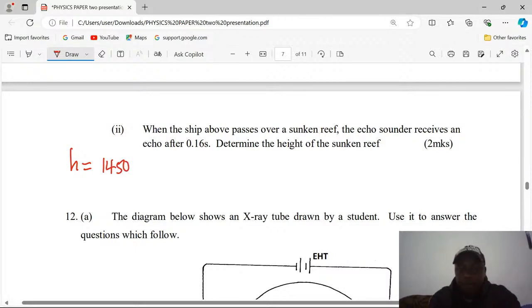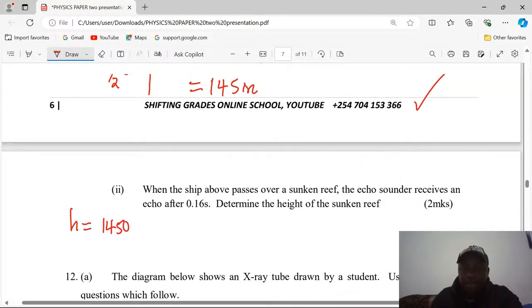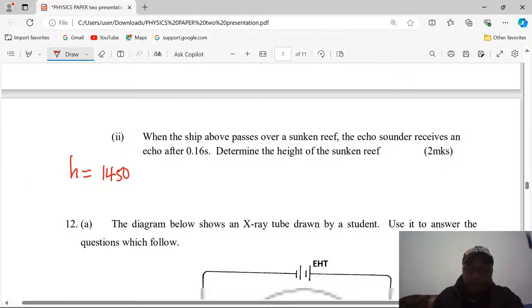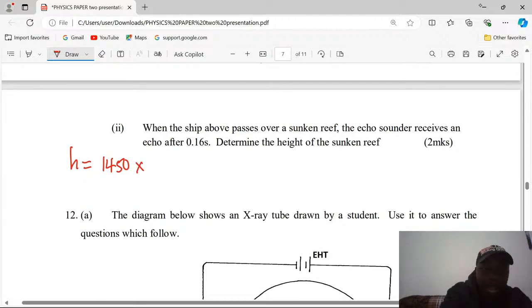I hope I've copied it well. 1450 times half the time taken to go to the sunken reef and back. So we are using half the time for the same reason.